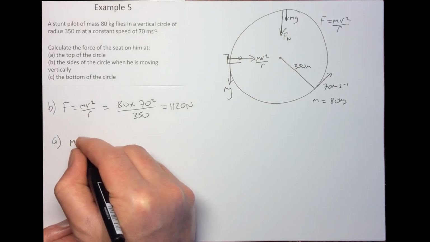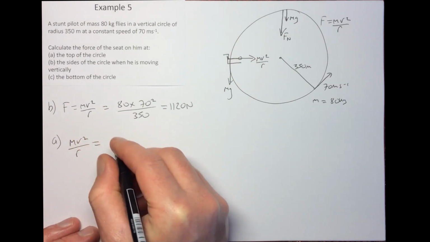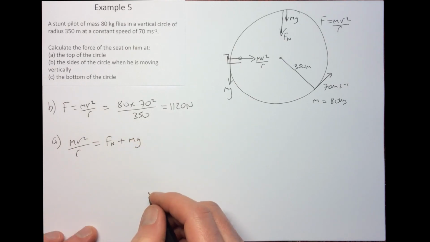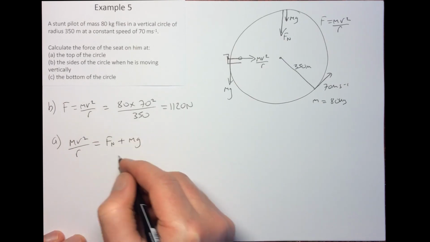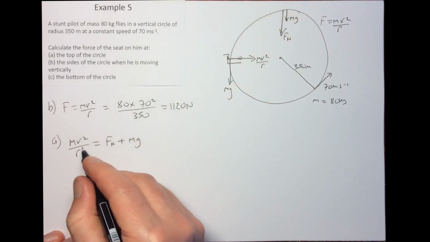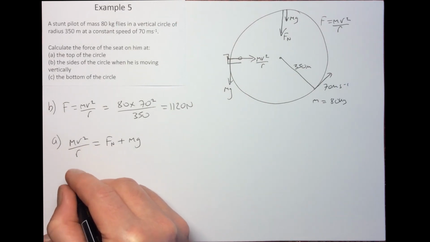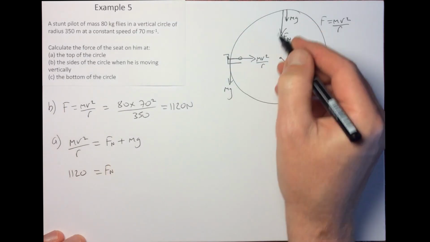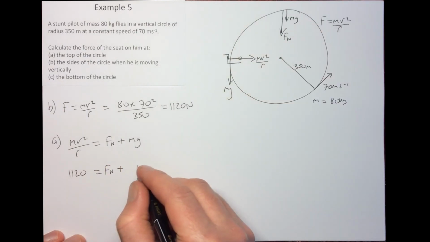So we know that mv squared over r is equal to the normal contact force plus mg, because it's the combination of these two forces acting towards the centre of the circle that's providing the centripetal force. So we know that 1,120 is equal to Fn, the normal contact force from the bottom of the seat, plus mass times gravity.